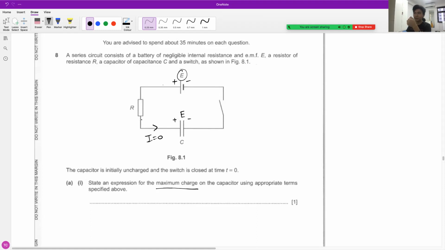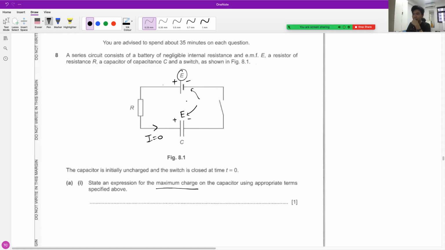So going in one round, you don't have any PD across any components, and as a result, your current is 0. That happens when your PD across the capacitor reaches E, and that is when your capacitor stops charging, because there'll be no current flowing through the circuit anymore, since the E here cancels with the E here.